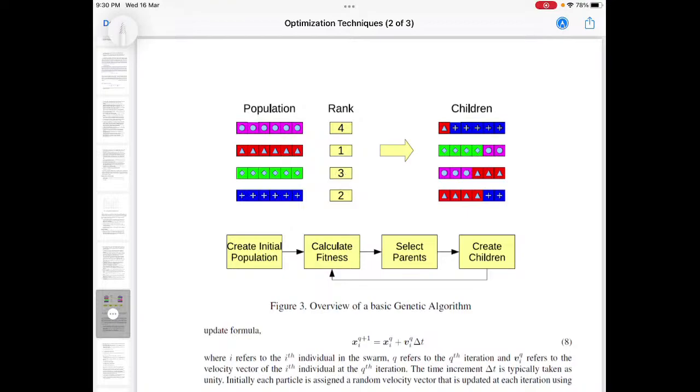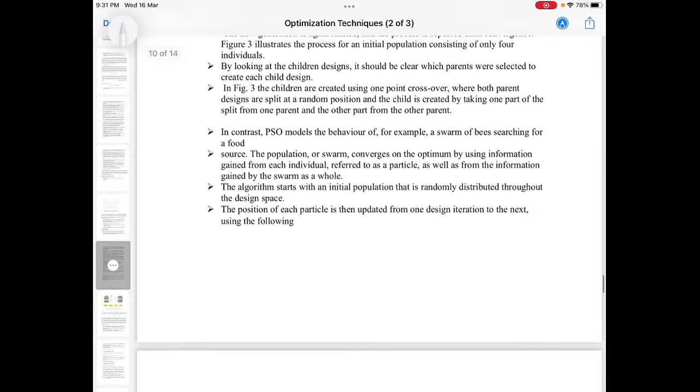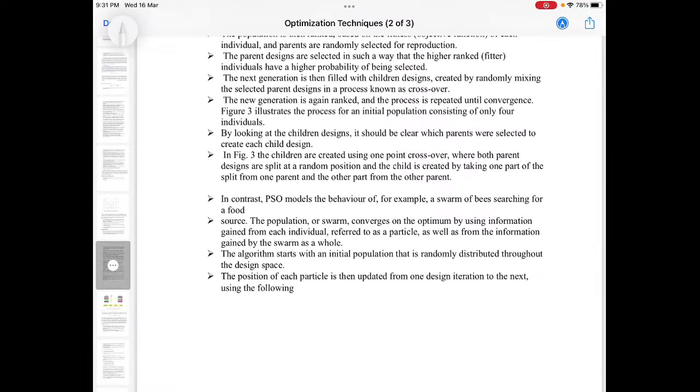Then the children are formed by various combinations of the populations. Here the first child is formed from the population having rank 2 and the population having rank 1. So this will be random combinations of the different populations.